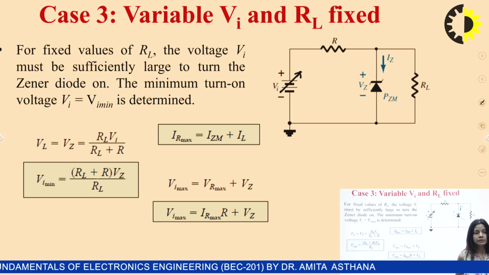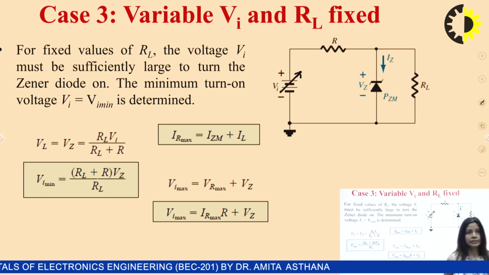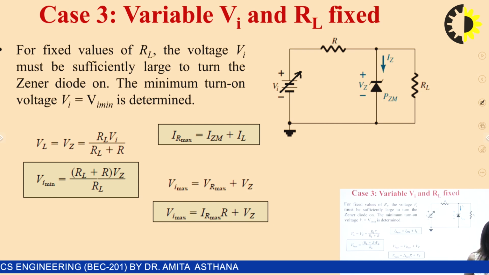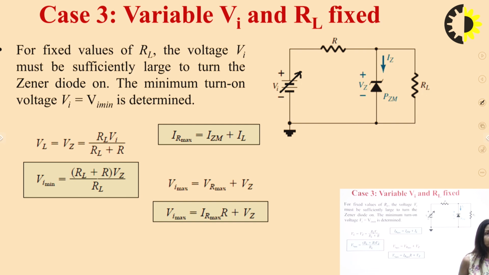Now the next case is the variable Vi with RL fixed. In this particular case, the RL value is fixed. In the previous case, RL was being varied.